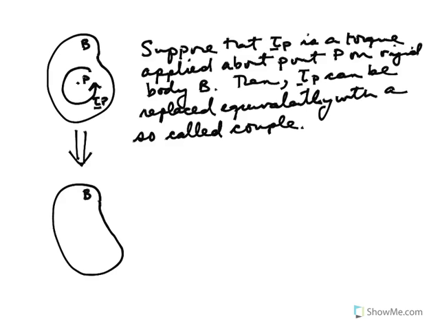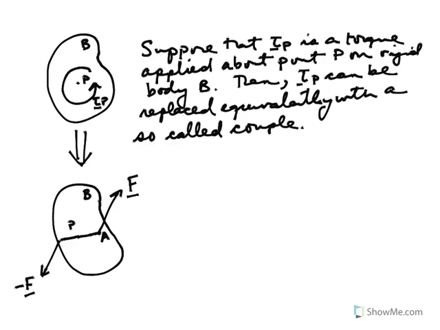Here's the body B again. Here's the point P. What we do is we take a distance away from the point P and we apply a force F and another force, negative F. So the pair of forces, F and negative F, you can see that the resultant is 0 because F plus negative F is 0. And we pick 2 points on the body.